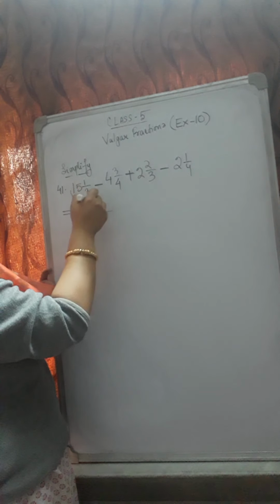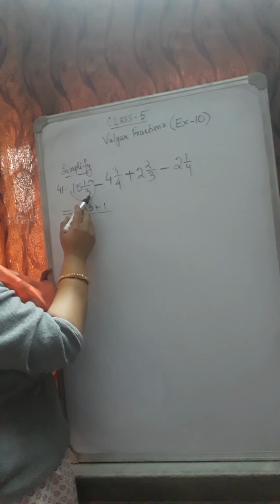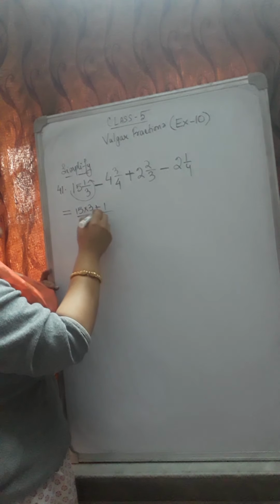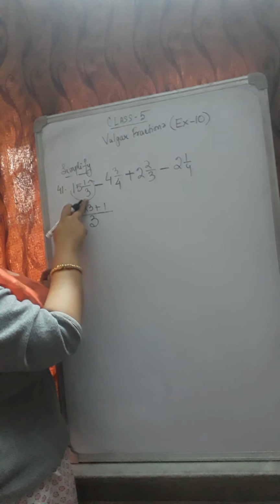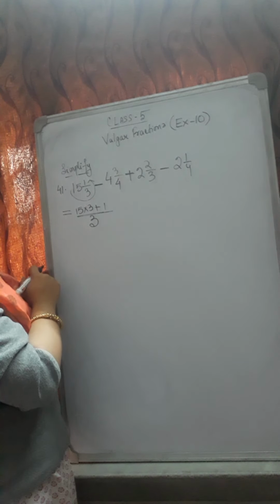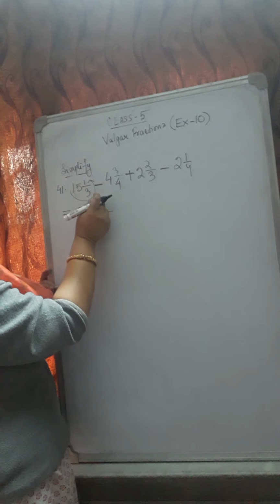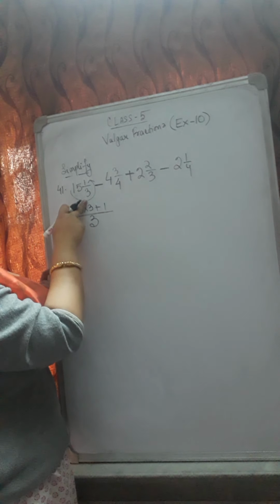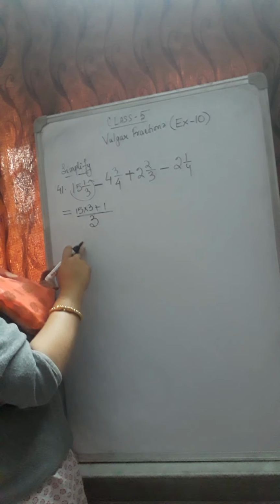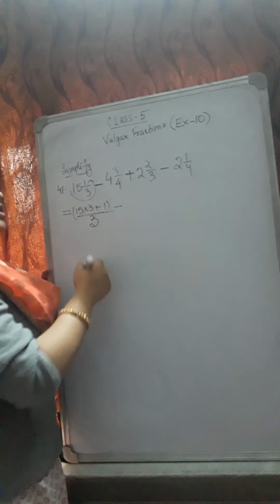So we are moving like this: 15 into 3 plus 1 will be the numerator, divided by the denominator, which will remain the same, the one in the fractional part of the mixed fraction. A mixed fraction consists of a whole number and a fractional part. So the denominator present in the fractional part will only be over here. Minus, in the same way you need to do all of them.